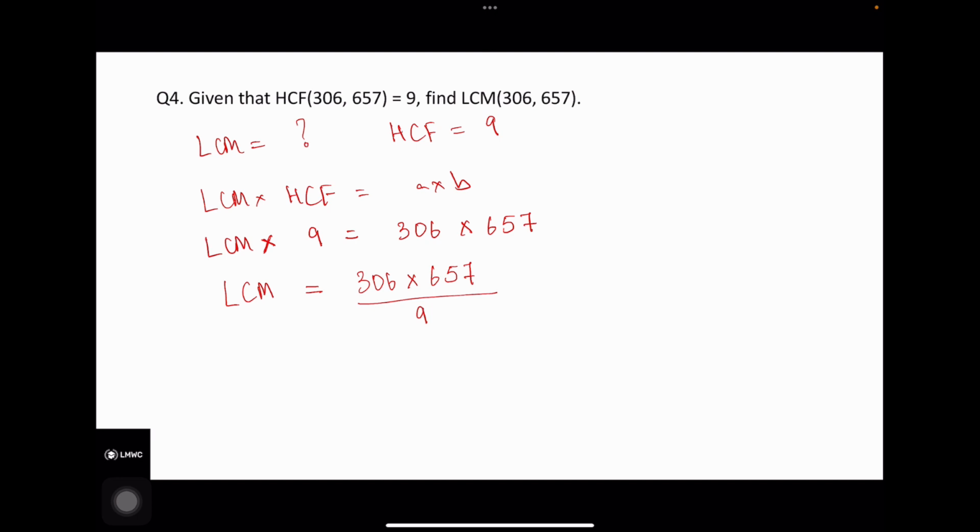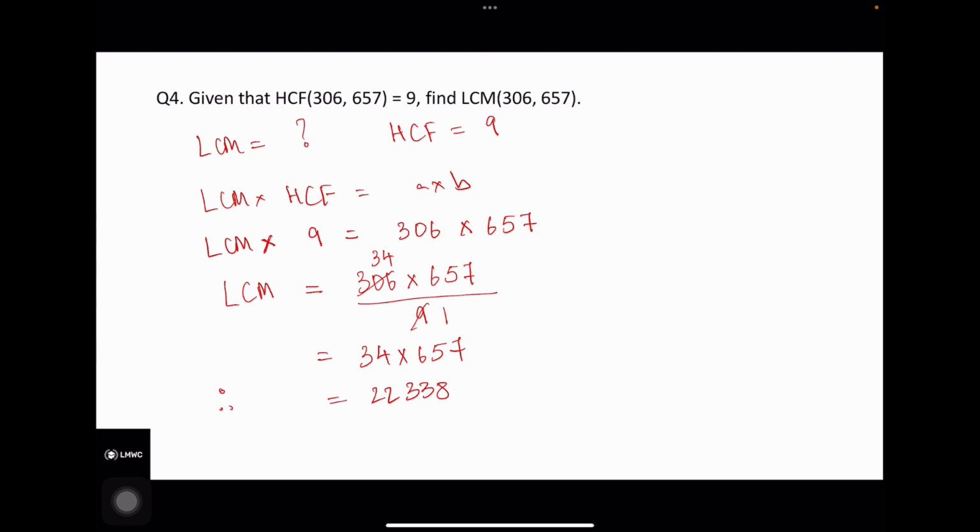Now when you take the 9 down, 9 and 306 are divisible, so 9 times 1 is 9, and 9 times 34 is 306, which means our LCM is equal to 34 times 657, which is equal to 22,338.